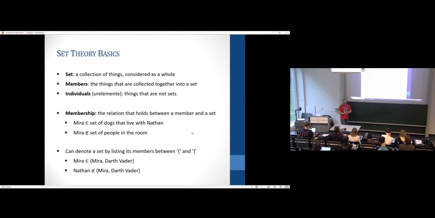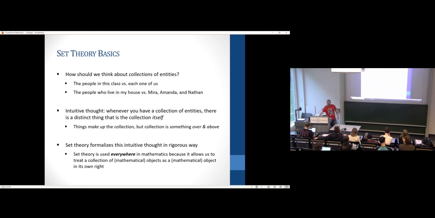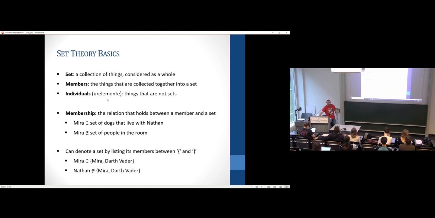They are also called elements. So, to go back a slide, if we think about the set of people who live in my house, Mira, Amanda, and I are members of that set. We're part of that collection. And then just to mark a difference, we can talk about individuals, or if we're being fancy, elementa. These are things that aren't sets. People, tables, chairs, houses, most things. Just non-sets.